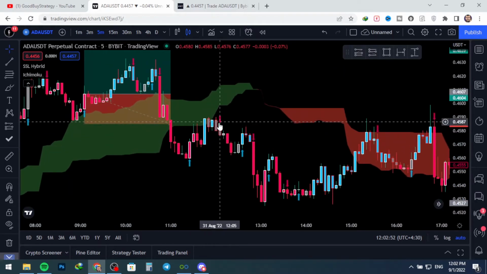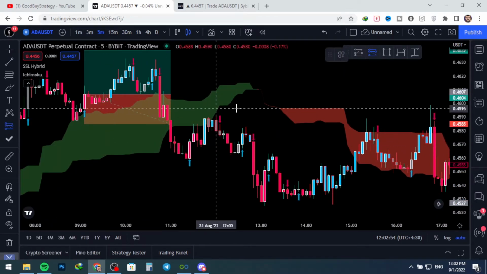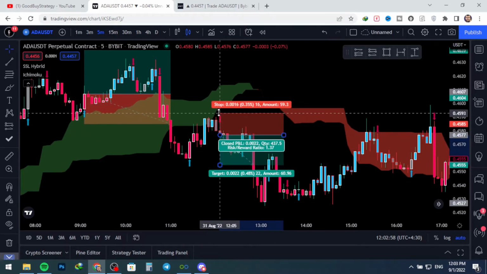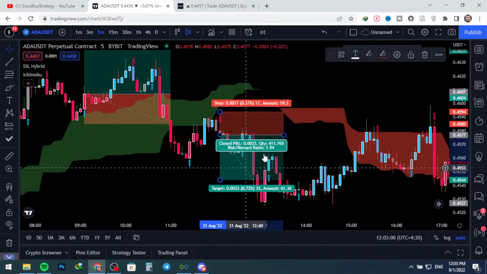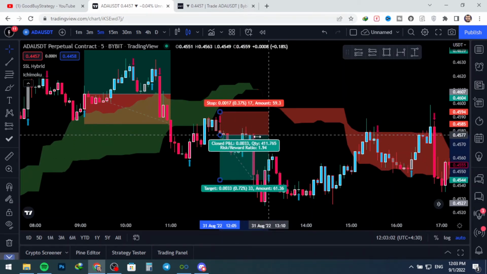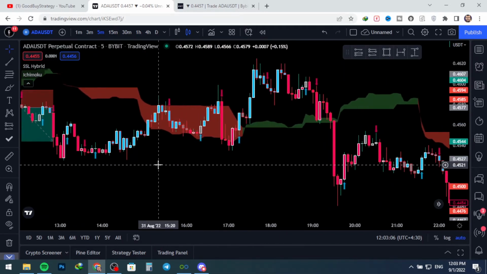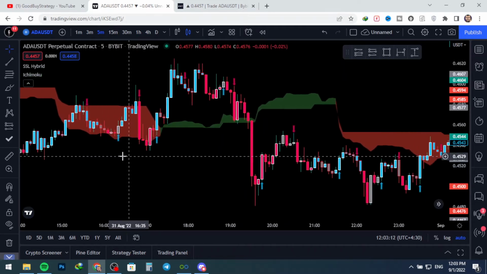Here is the first red arrow. We are below the cloud. Open a short position, 1.5 or 2 for the profit, and we need to backtest and practice here. It's so easy and so profitable.